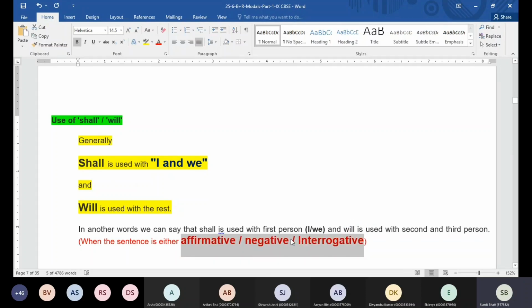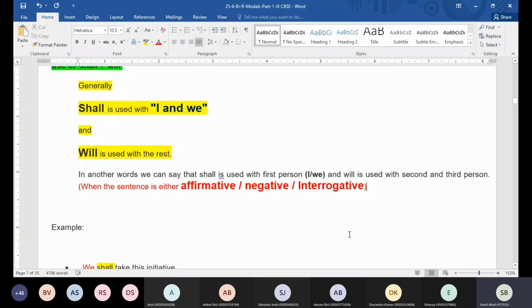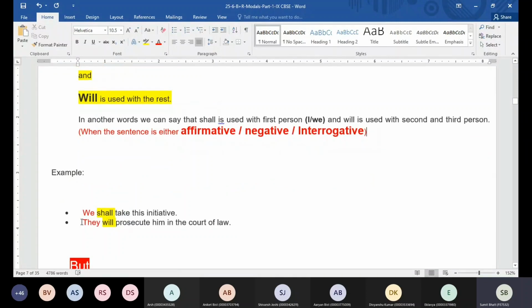For example, we shall take this initiative. When you say that, we are not sure; we have made a statement that someday it will happen. They will prosecute him in the court of law. We are not sure when exactly. We are not saying tomorrow, but somewhere in the future. It's a general statement we have made.